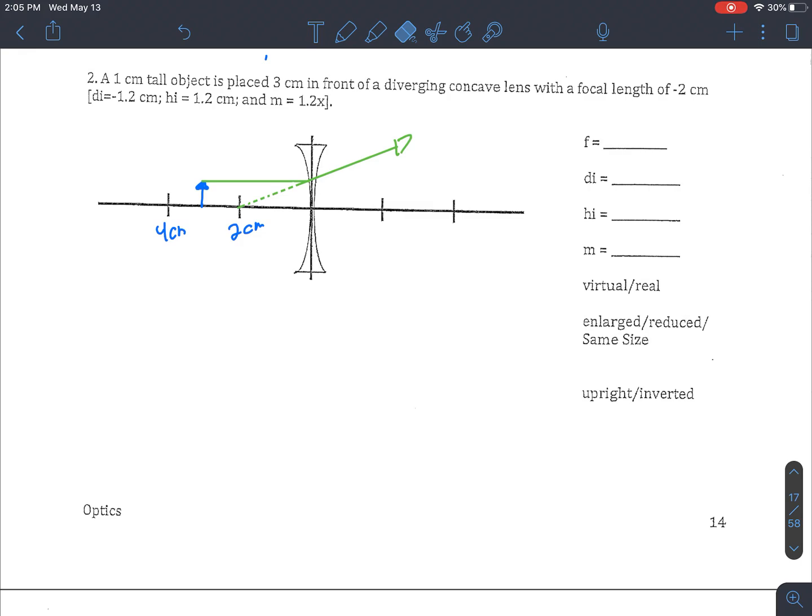Then we have our focal to parallel. I didn't mean to erase that. So again, it's like we are going through the focal point on the left side, but it's not. So it's going to go right about there, and then go parallel-ish.